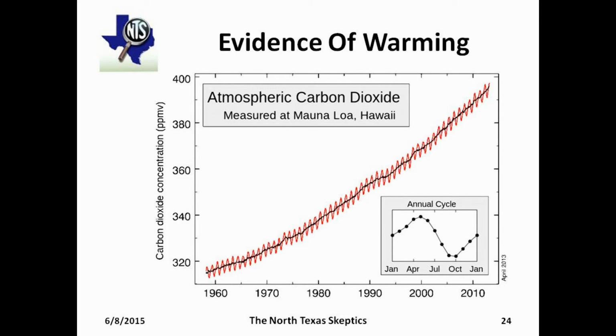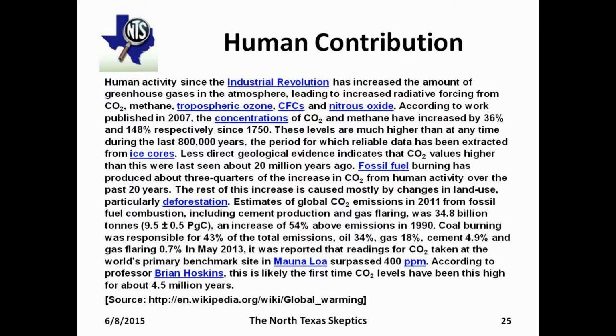There are no big spikes that are due to volcanic eruptions and other things. The principal contribution to this carbon dioxide level is human activity. And here is a short essay on human contribution, and you can get that from the link on Wikipedia.